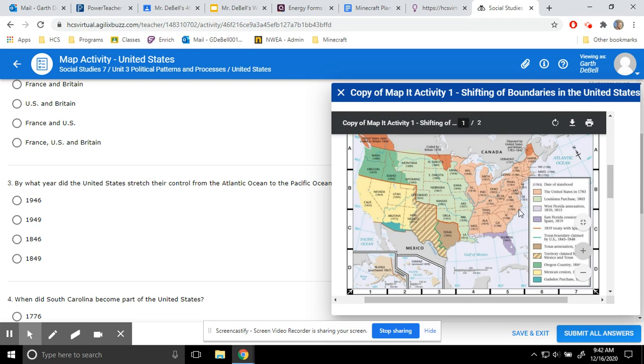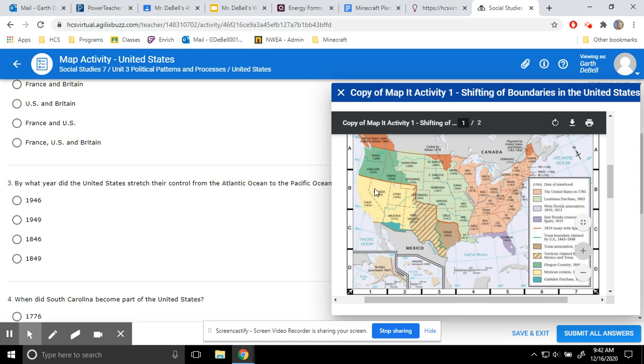So over here, they tell you when these things happen, right? It tells you what it is. It tells you if it's a purchase, if it's an annex, if they ceded the land to us. It gives you a lot of information over here. A lot of what you're going to be answering on questions are going to come from over here. So when did we finally get over to this ocean here, right?